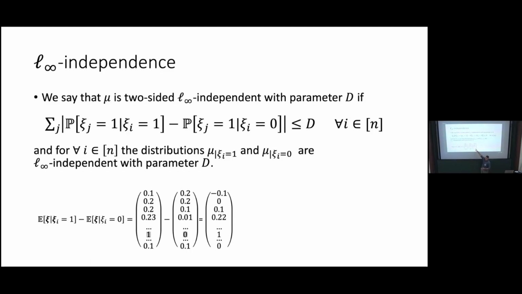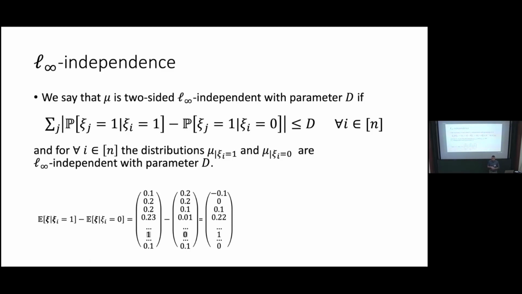But in general, the bound is interesting when d is small, for example a constant. So I should think of it as 1 plus something small? Yes. For example, it is true for the strongly Rayleigh or for the stochastic covering property. So think about 2 or 3 or something.